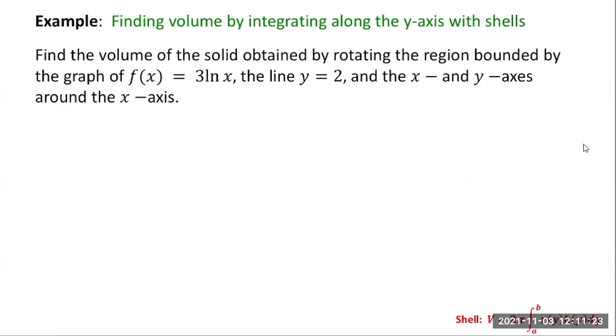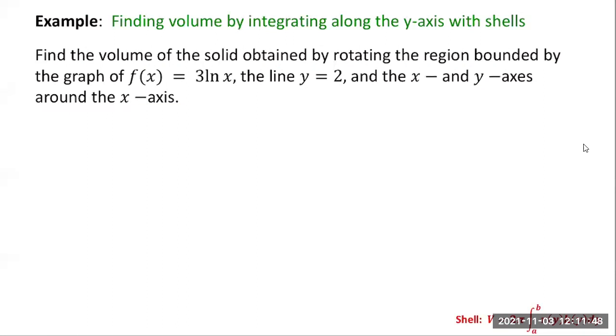Here is the next example that I want to go over. Find the volume of the solid obtained by rotating the region bounded by the graph f(x) equal to 3 ln x, the line y equal to 2, and the x-axis and y-axis around the x-axis. You rotate that region around the x-axis to get your object.